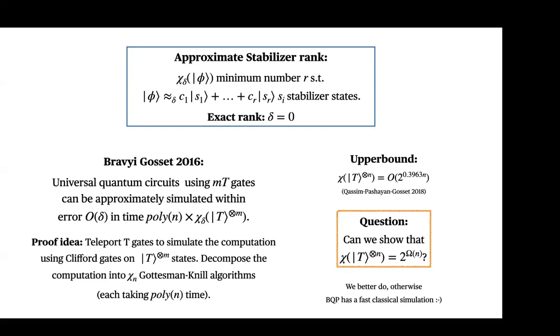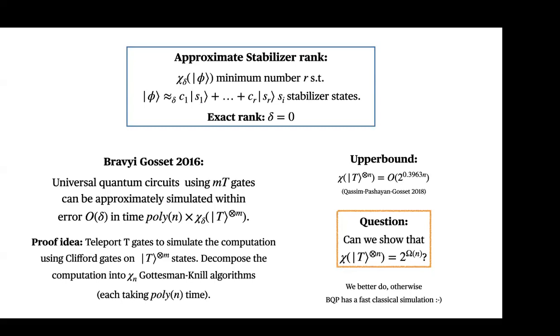So for example, among other results, there is a result of Bravyi and Gosset from 2016 that universal quantum circuits using m T gates can be simulated within error delta in time proportional to the approximate rank of m copies of T, chi delta of T to the m.